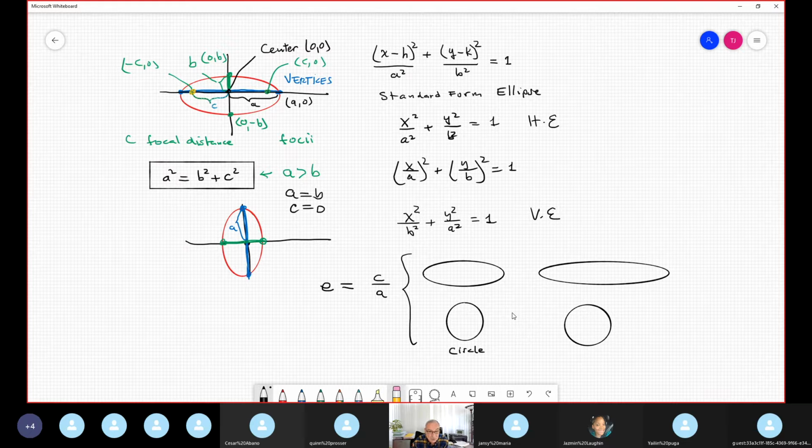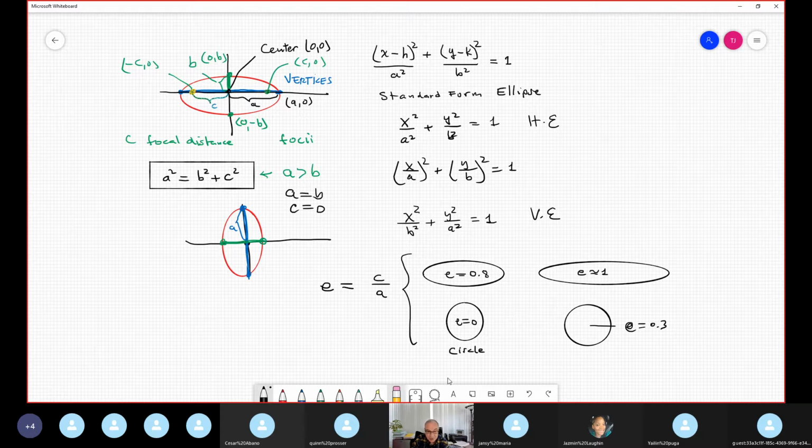So eccentricity equals 0 represents a circle, and we have no focal distance. Eccentricity approximately 1 represents a completely flat ellipse. And for the other intermediate values, for example, this is eccentricity 0.8, and this is eccentricity 0.3. Okay?